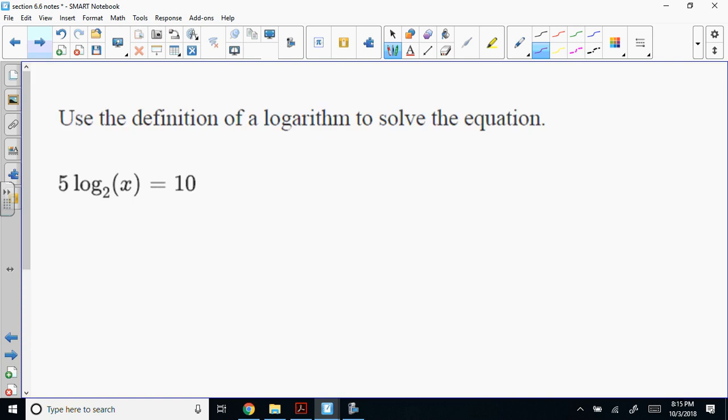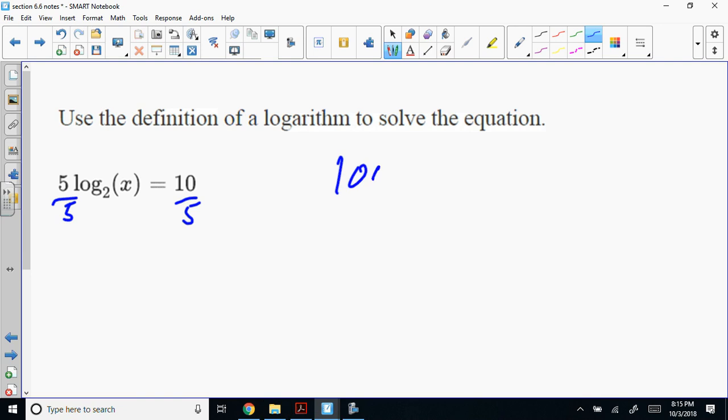Use the definition of a logarithm to solve the equation. Well, yeah, you divide both sides by 5, right? Because that's 5 times it, right?